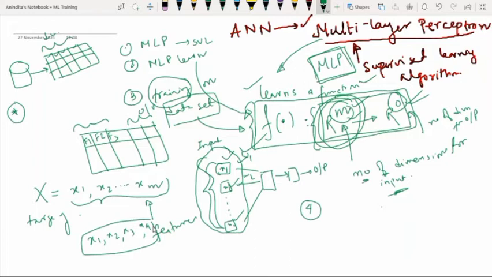Now there is another property. Why are we considering MLP? This MLP can learn as a non-linear function approximator, for either classification or regression. What is non-linearity?